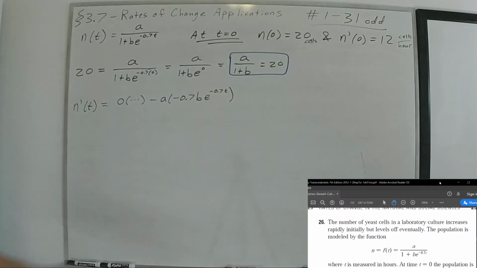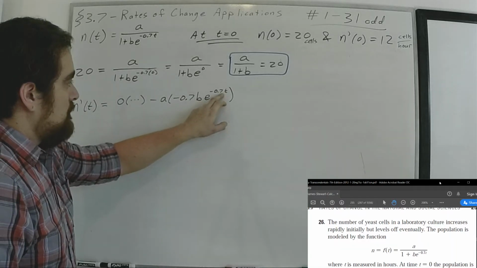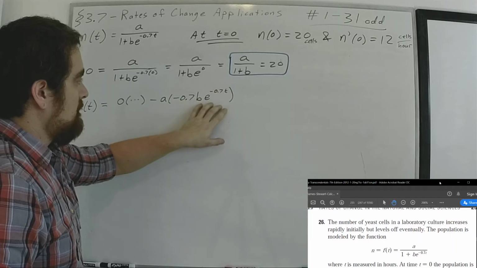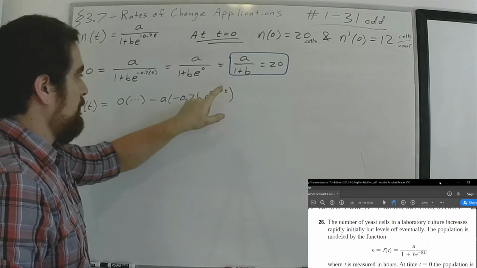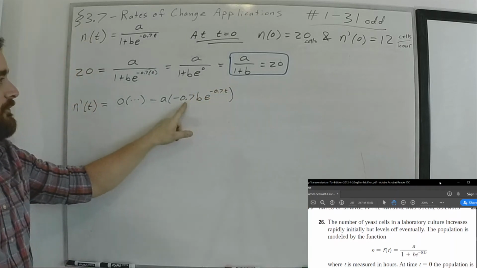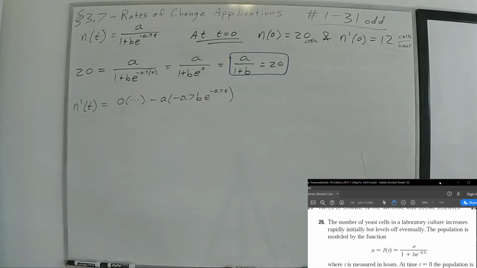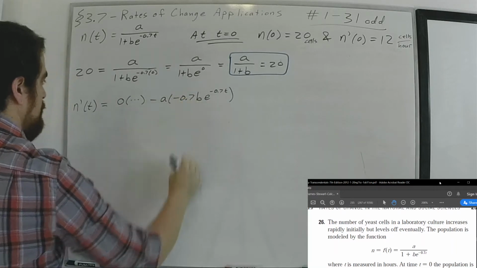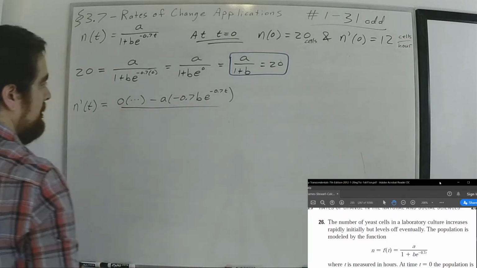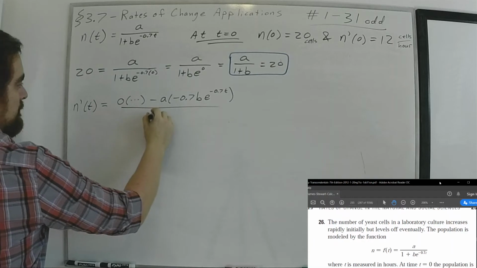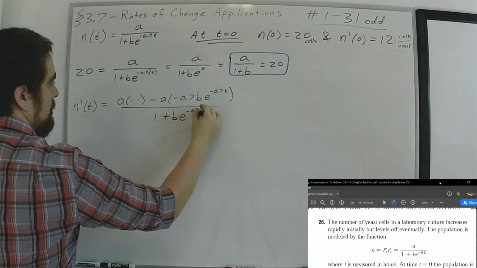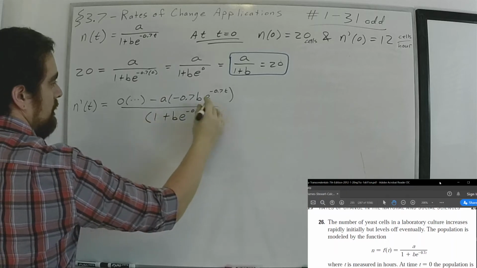All right, so you can see I differentiate this exponential function, I get that exponential function back. B is just a coefficient, so it just lives with it. But then chain rule says I multiply by negative 0.7. I wrote it out front so it doesn't look like a minus 0.7. So I'm multiplying this piece by, there's my chain rule. Then quotient rule says I need to square the bottom. And I do need to square all of it.